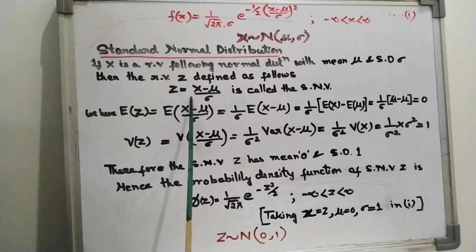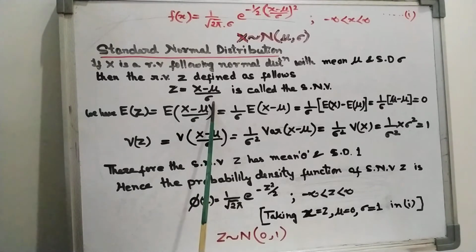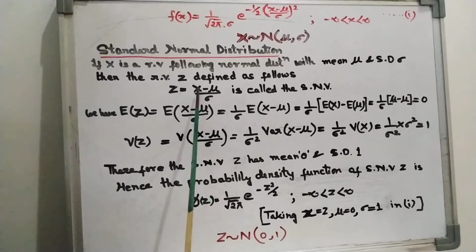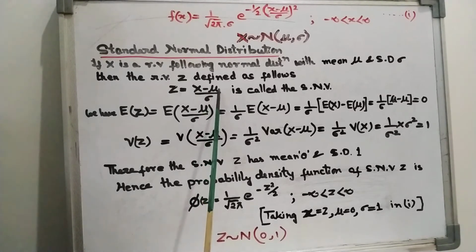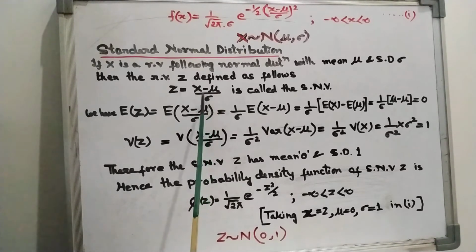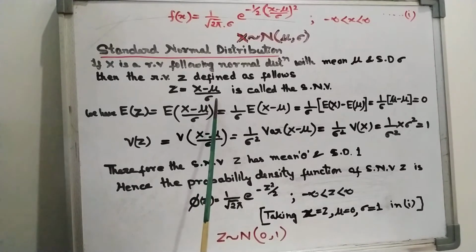What we are doing here: x is a normal variate, minus mu, the mean of that variate, and divided by the standard deviation, which is sigma.